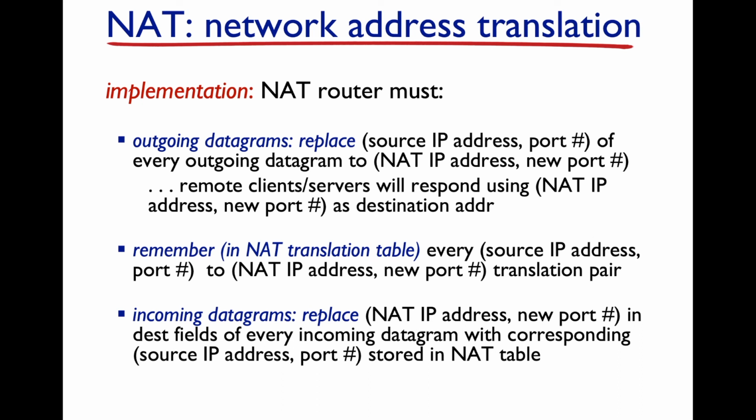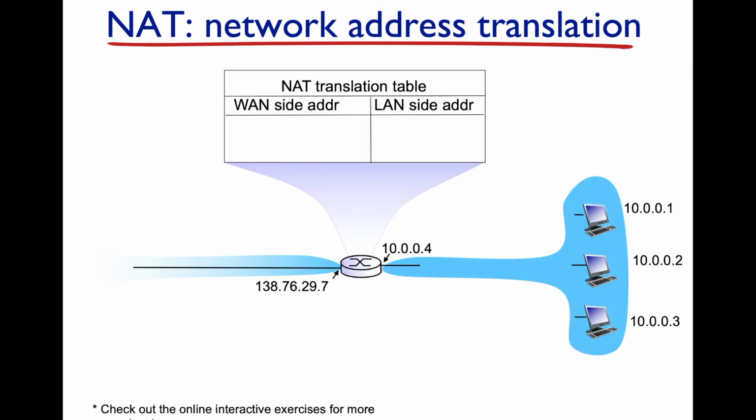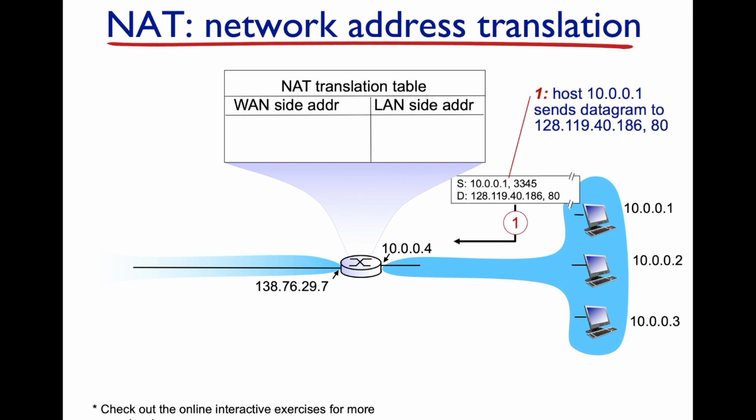All of the replacement for outgoing datagrams will happen from this private network domain to the public network. It's going to create a port number on the public side to match that particular IP address on the private side. Here, the NAT has what's called a translation table, and this translation table is self-populating as communication happens. Let's say on the private side, you have host 10.0.0.1.